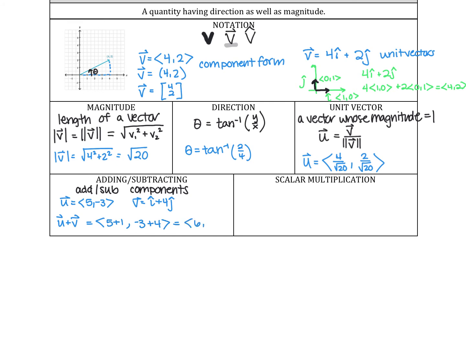And so we get 6, 1 for the vector. And when we add or subtract, we get vectors. Now, if we multiply, really the only multiplication we can do is scalar multiplication. And to do that, we simply multiply the scalar by each component.